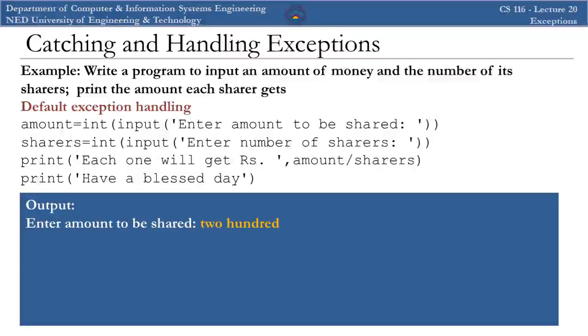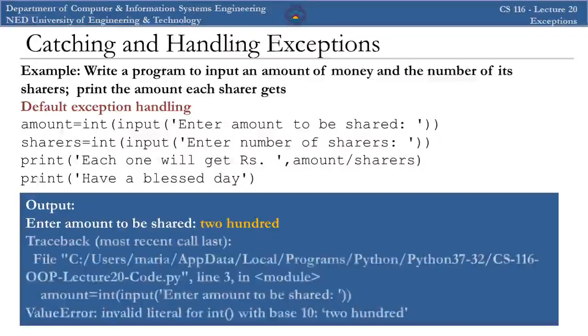And Python will print some error message to help us locate this error. So this is the error message that Python will print. You see, it's showing a traceback, but that error occurred in the main program only, so it's not a long traceback, and it's showing ValueError. That means that we entered the wrong value. It was expecting some integer value base 10, but we entered the wrong value.